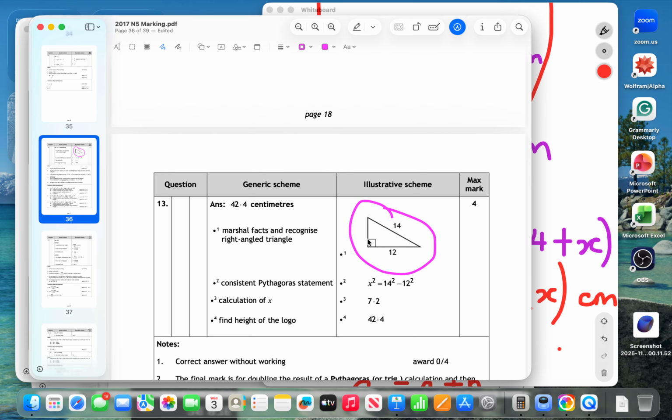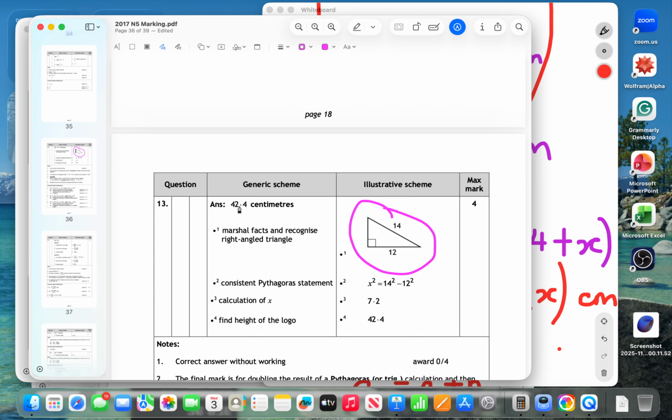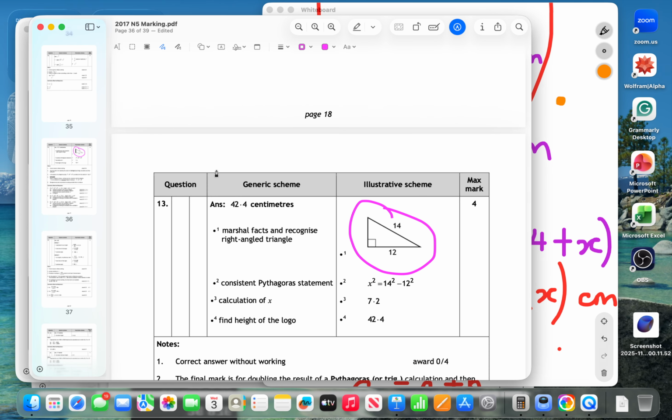You must include the right angle, or you must write 90 degrees here, because otherwise you don't show the marker that you know that's a right angled triangle, and you need to show it's right angled because that's a prerequisite to use Pythagoras' theorem. This would be the first mark obtained through the sketch.